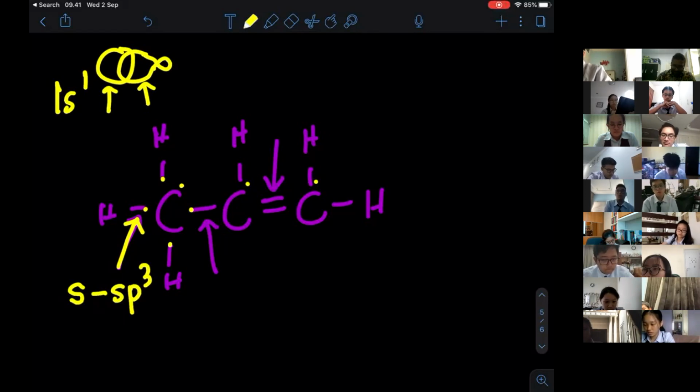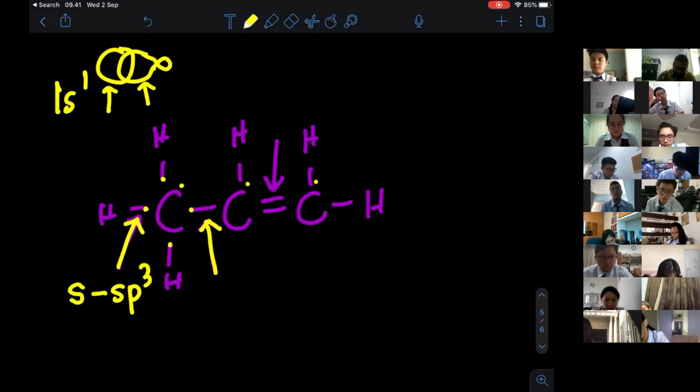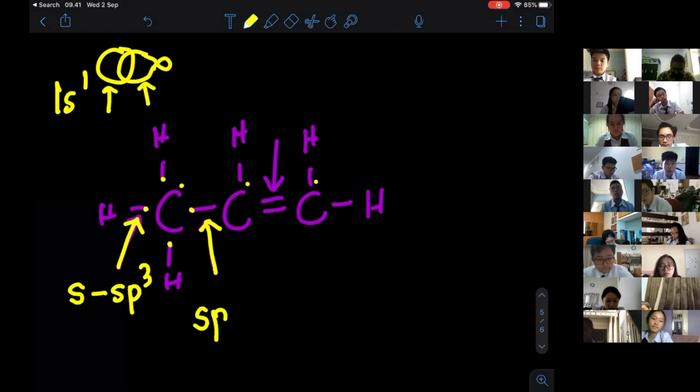Now if I go into this example, I know that this is 1, 2, 3, 4, so this carbon is sp3. But this carbon is slightly different. Why? 1, 2, 3, so it will be sp2 hybridized.